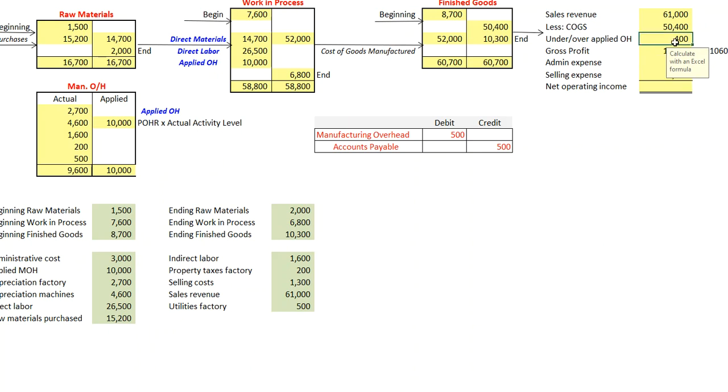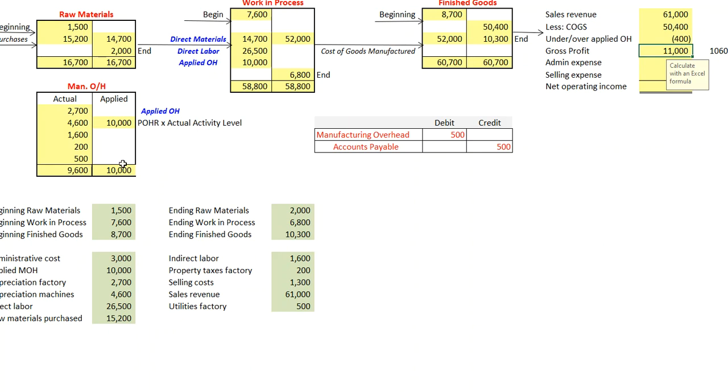And I should have put that as a minus 400. So cost of goods sold, instead of being $50,400, it's really only $50,000. And if we take the $61,000 minus $50,000, that would have given us our gross profit of $11,000.